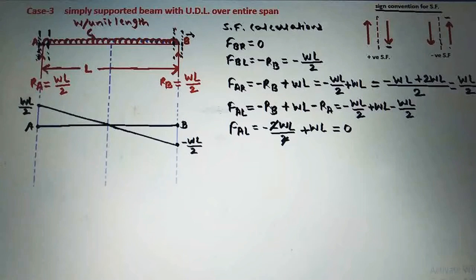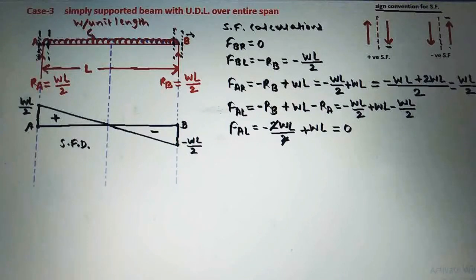Next we will close this figure here, joining left of A and right of A, left of B and right of B. As this section is above the baseline, it will be positive, and this section is below the baseline, so it will be negative. And this is the shear force diagram for this simply supported beam with U.D.L over the entire span.